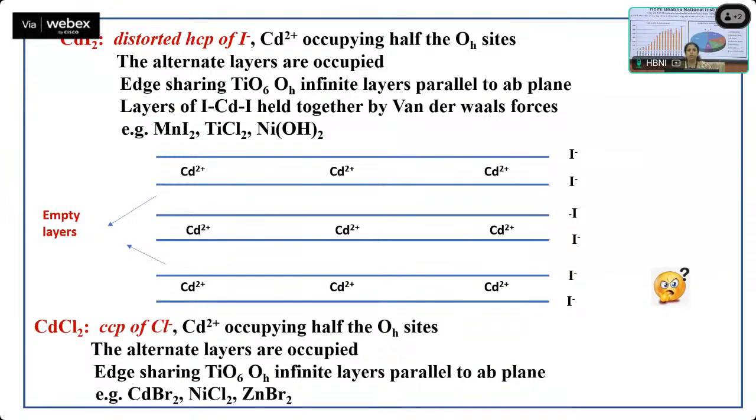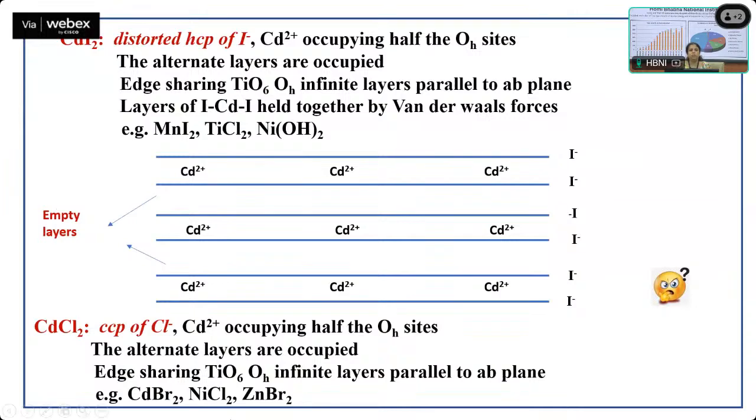They are not sharing any corner, nothing, only the van der Waals forces. And that is why such kind of structures can actually be exfoliated into layers, because their bonding is such and their structure is such. So you have layers of octahedral holes filled up by cadmium, and the layers between them are kept vacant. That is the CdI2 structure.